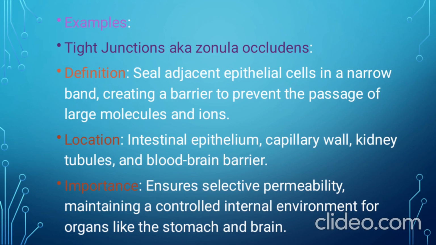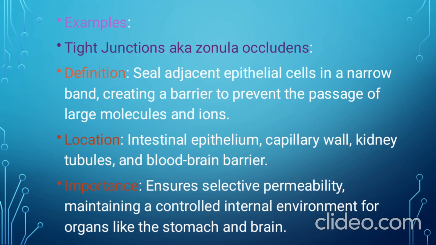The tight junction performs the function of sealing up the spacing between the cells. It creates a barrier that prevents the passage of large molecules and ions. You can find the tight junction in the intestinal epithelium, in capillary walls, in kidney tubules, and in the blood-brain barrier.